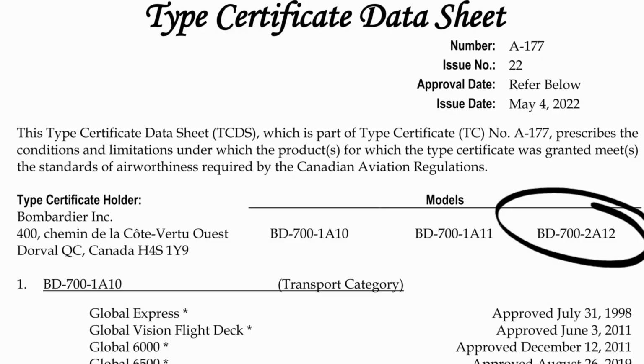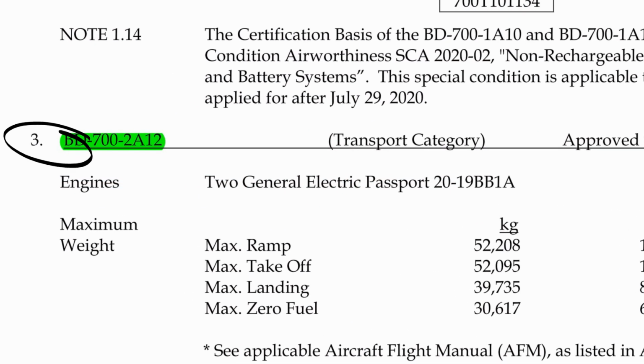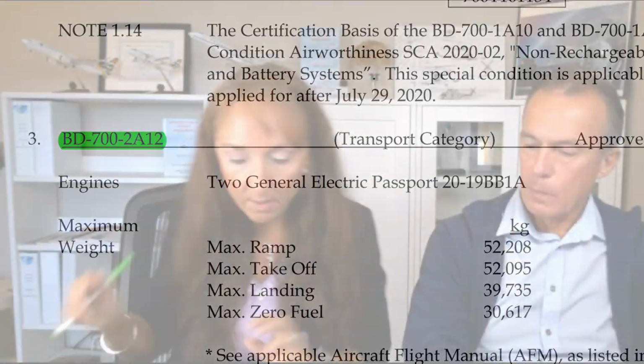So there are different sections of the TCDS, and one section, which is section 3, describes the characteristics of the 7500. I point this out because it's very important for aircraft management people to identify where exactly your model starts in the TCDS, so that you can get the exact information that you need.